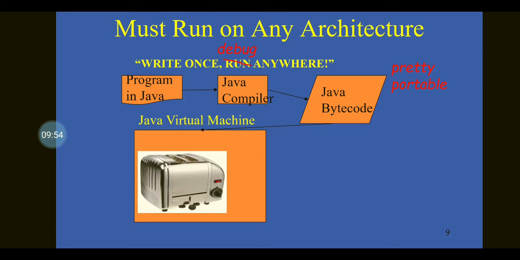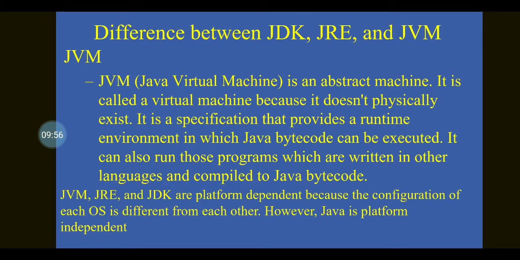So, the difference between JDK, JRE, and JVM. JVM means Java Virtual Machine. It is an abstract machine, which means that it is a false machine. It is not hardware. We have to remember that JVM is not hardware. It is an abstract machine.